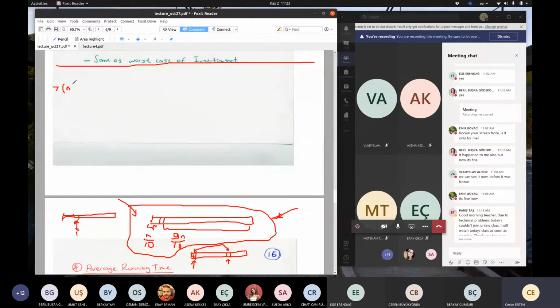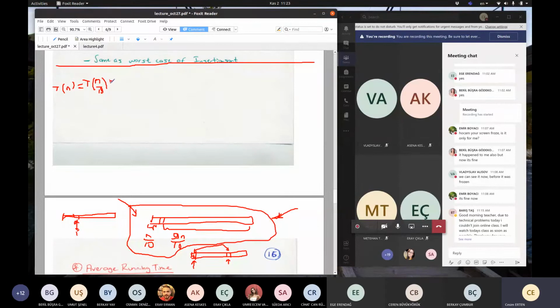So as before, we describe our recurrence with T of n. One of the recursive calls for the quicksort algorithm will work on an input of size n divided by 10, which means that the time spent for that recursive call will be T of n divided by 10.